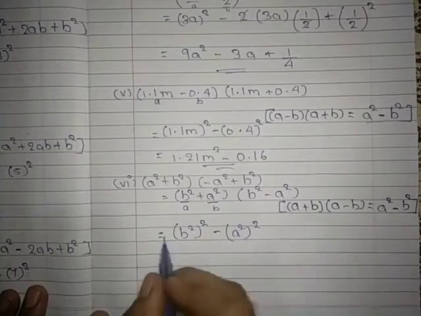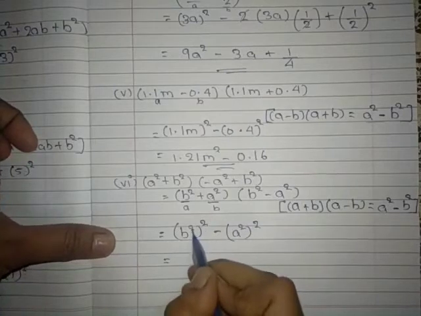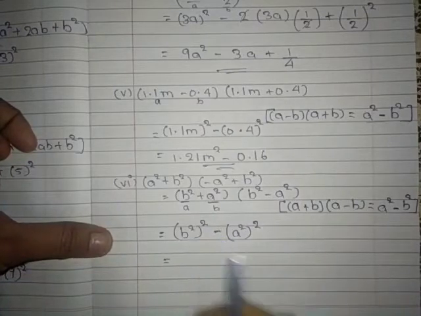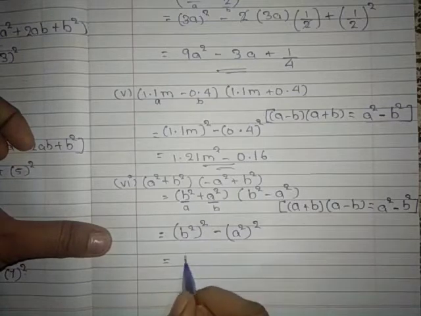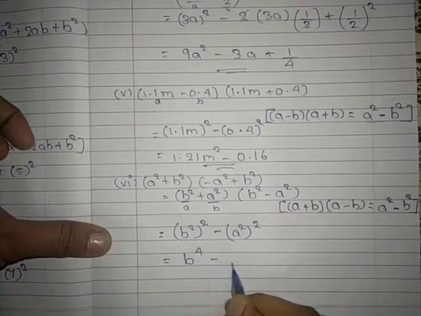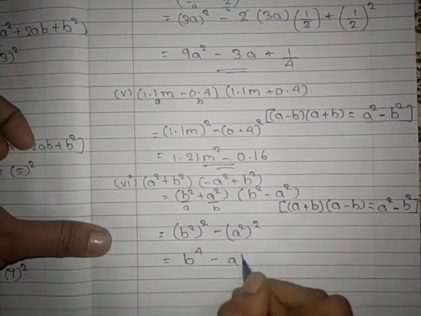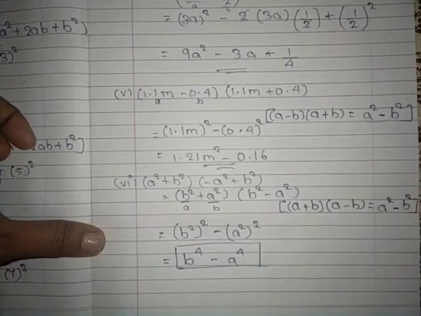Now what you already know is that if there is a multiplication, we will add the powers. So square plus square, that is 4, minus a square is 4. So our answer is b raised to 4 minus a raised to 4.